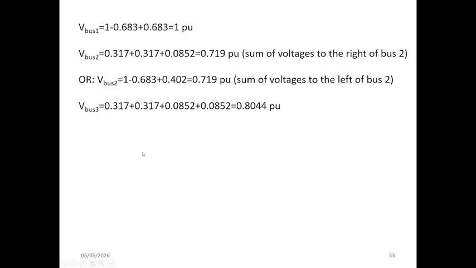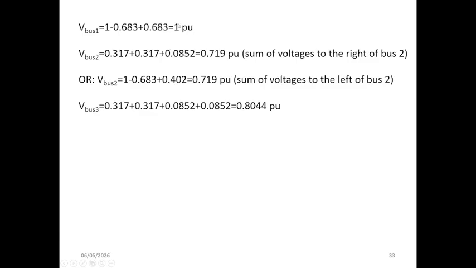Okay, this diagram summarizes the final voltage values at bus 1, bus 2, and bus 3 by adding the incident, reflected, and transmitted traveling wave components obtained from the lattice diagram. For bus 1, the total voltage can be calculated as V bus 1 equals 1 per unit.